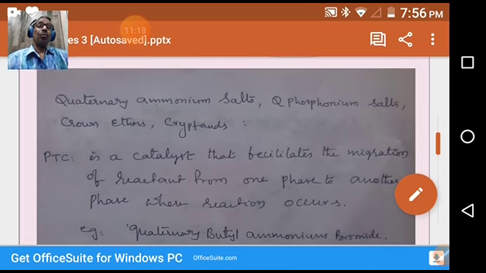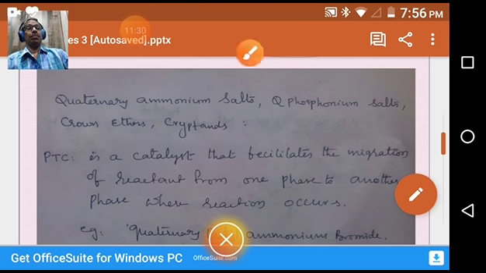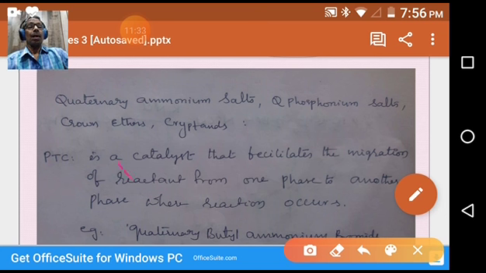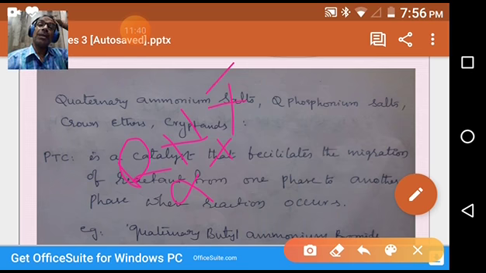So first of all, quaternary ammonium salt, for example, tetrabutyl ammonium chloride. This is one example of a tetraalkyl ammonium halide, R4N+X-. These types of ammonium salts act as phase transfer catalysts.